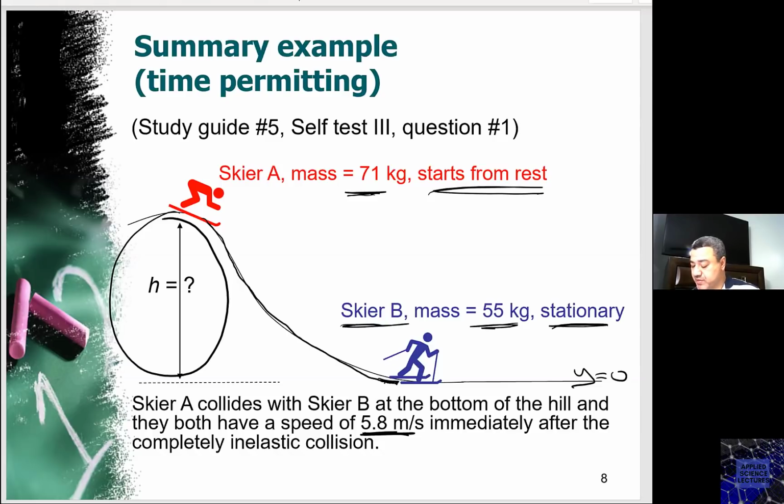Right at this point, his potential energy is 0 because he has reached level y equals 0. Then at the start, when he's at rest, he has a kinetic energy of 0. He has only potential energy. Right here before colliding, he has a potential energy of 0, and he has only kinetic energy. Then from the conservation of energy, we can find the height. We'll see how we can do this problem.